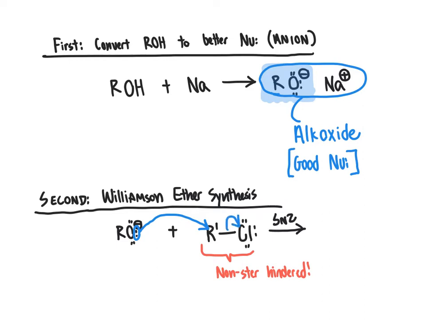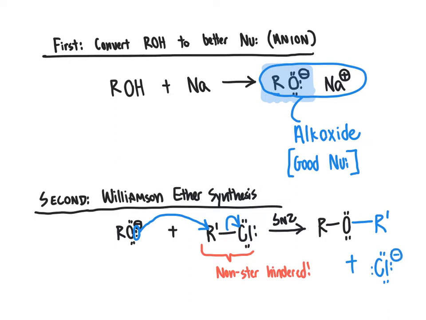It has the special name Williamson ether synthesis because of the discoverer of this reaction being named Williamson. So R, our alkyl group, oxygen, and then our new carbon-oxygen bond in blue bonded to our R prime alkyl group to finish off the ether. And then we'd also generate chloride anion as a result of this reaction.